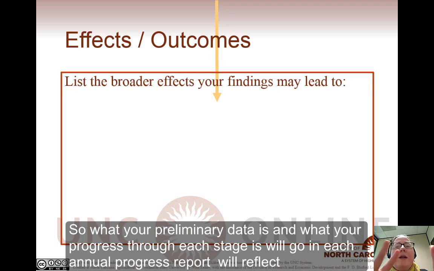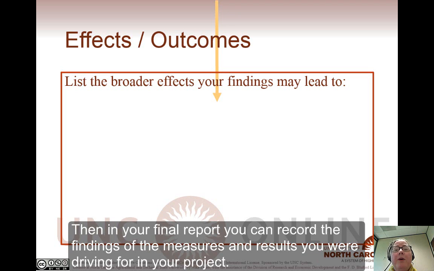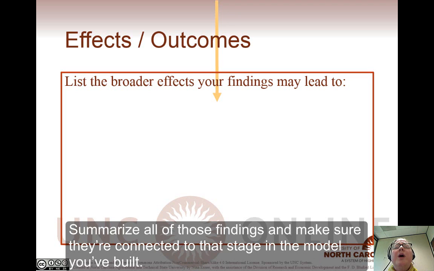So what your preliminary data is, what your progress through each stage is, will go in each annual progress report and will reflect how far along you are and how each year relates to the bigger picture. Then in your final report, you can record the findings of the measures and results you are driving for in your project. Summarize all those findings and make sure they're connected to that stage in the model you've built.